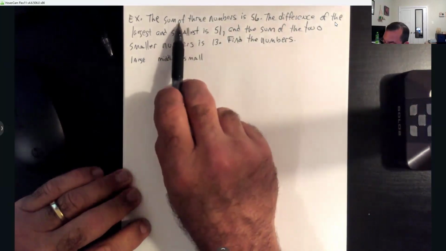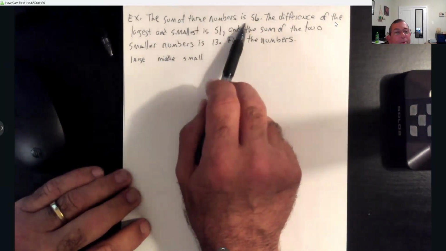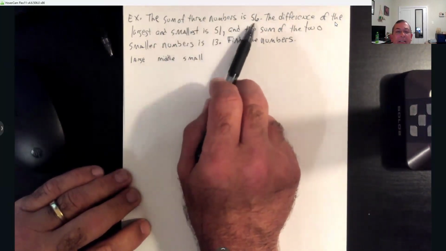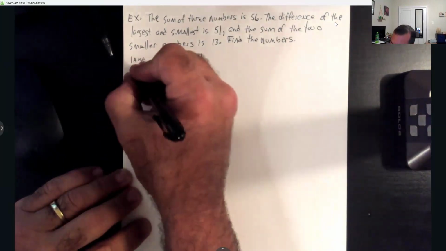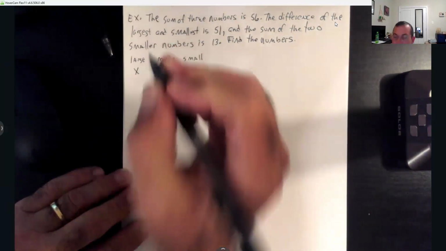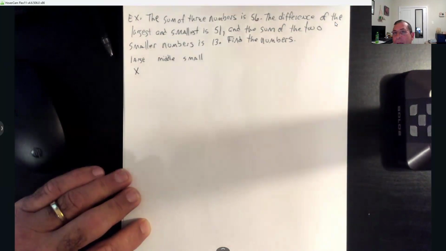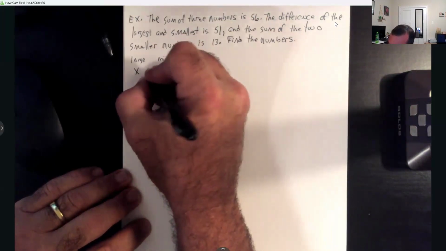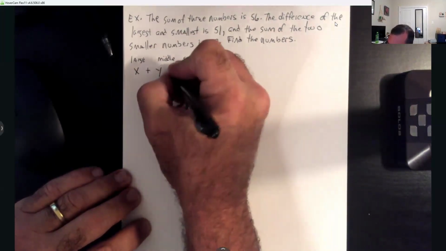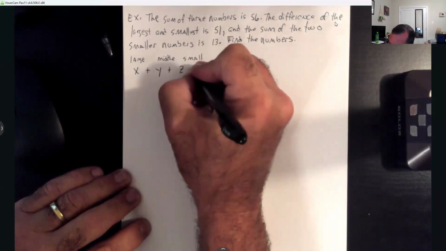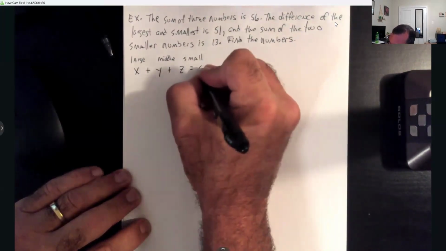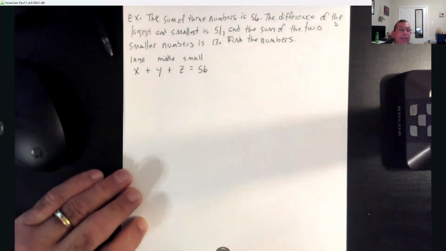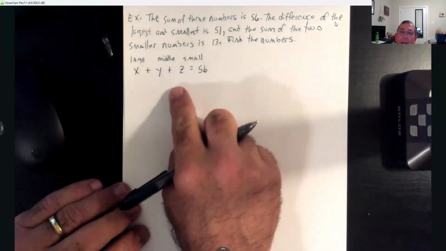Notice my first sentence, the sum of three numbers is 56. That's just like the first problem, translate the sentence. So the sum of three numbers is 56 will be x plus y plus z equals 56.